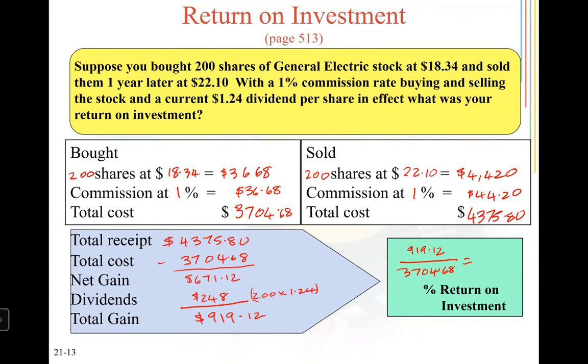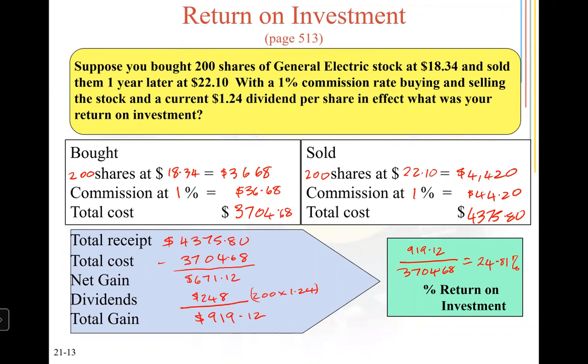Then I multiply it by 100 and I got 24.81 rounded. Okay, 24.81% to the nearest hundredth. All right, thank you very much. So that was a very good return on investment at 24%.